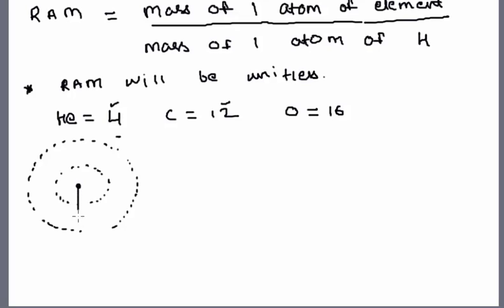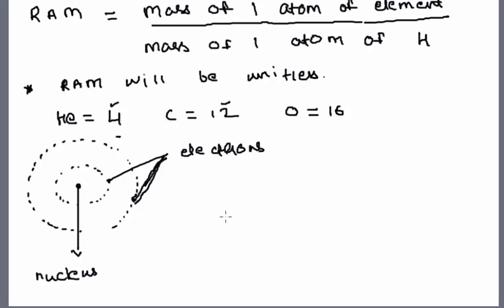So this is my nucleus, and in the outer orbits are present the electrons. Fine. So this basic idea regarding the structure of atom we all must be having.